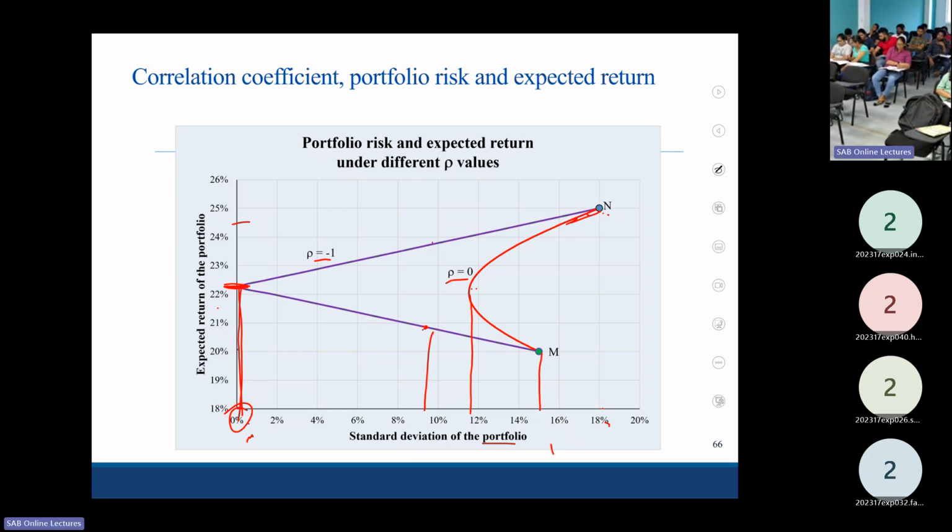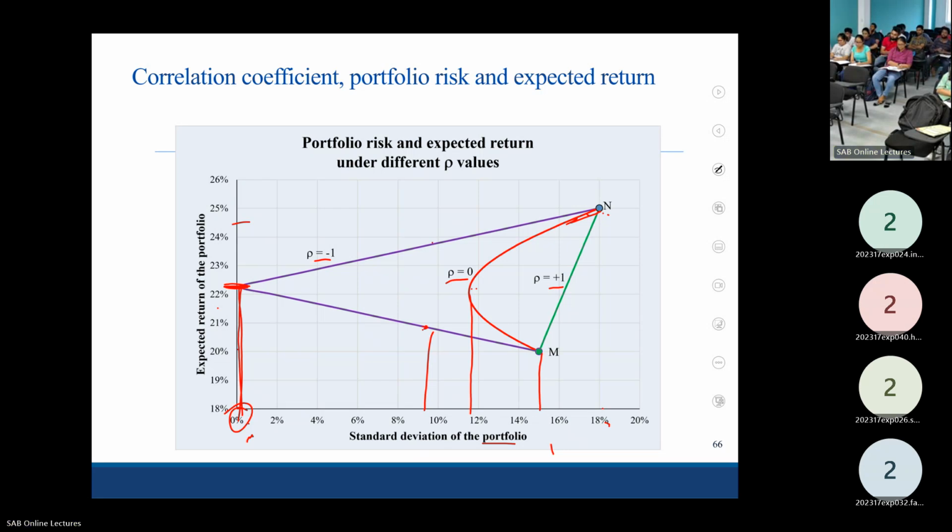Then this green part. If the correlation coefficient is perfectly positive, 1, what has happened? This green line is the path for the portfolio expected return and portfolio risk.